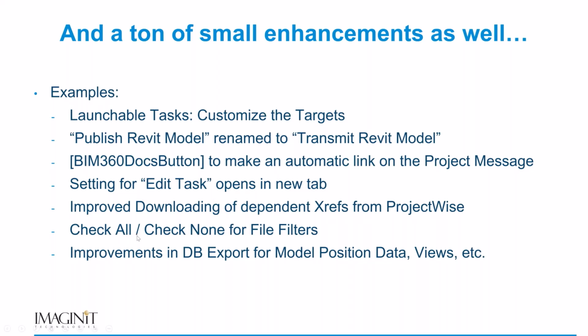Some UI improvements that people asked for that we took care of, and some further database export, so making a little bit more information available in the database just to be able to support the things that people wanted to see. And there's more than this. I just ran out of time to pull all these little changes that also got rolled into 2023.1.